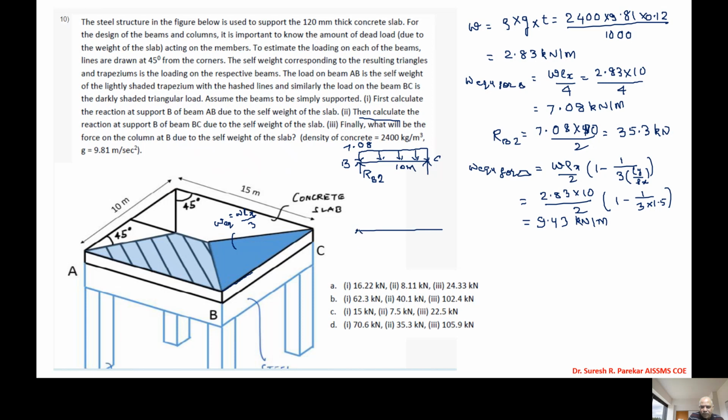Now we have this 10 meter BC. Now we have this as 15 meters, and then W we have UDL 9.43 kilonewton per meter. So this is 9.43 kilonewton per meter. Now this will be RB1, and RB1 is equal to 9.43 into 15 by 2, and we will get this value as 70.6 kilonewton.